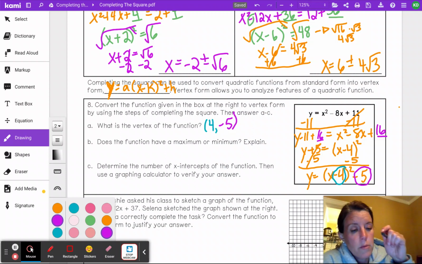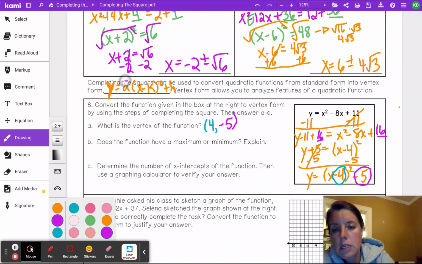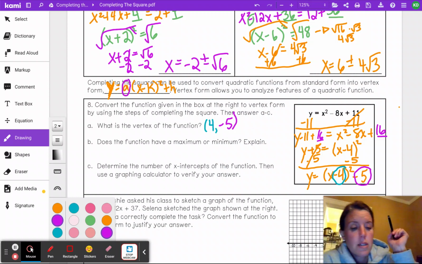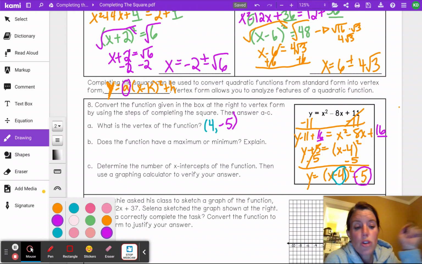Does this have a minimum or a maximum? And how do we know? So this right here, A, tells us so much. It tells us if that parabola is going right side up, kind of making a smiley face, which means positive, or if it goes upside down, a frown, that's when it's a negative number.